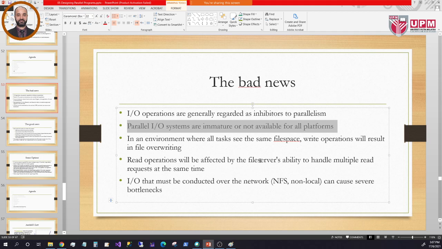I/O that must be conducted over the network, maybe NFS or non-local, can cause a severe bottleneck. So in the case of the file server or NFS or whatever, this is considered a severe bottleneck.